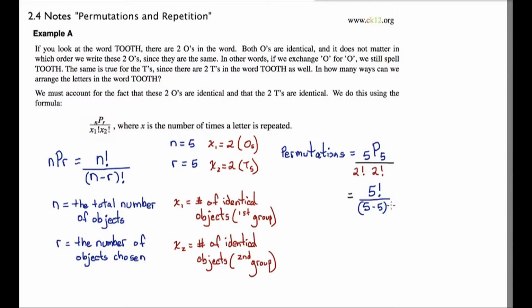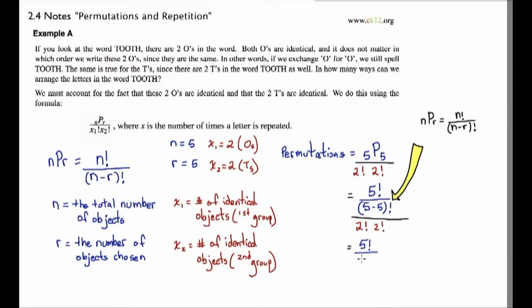So 5P5 would be 5 factorial divided by (5 minus 5) factorial, divided by 2 factorial times 2 factorial. So again, this numerator is just the permutation formula that we used in the last section.